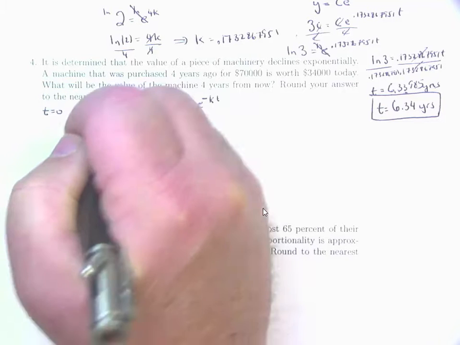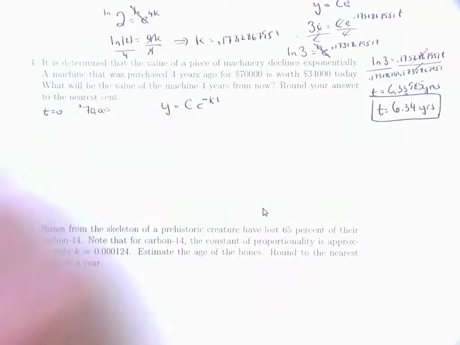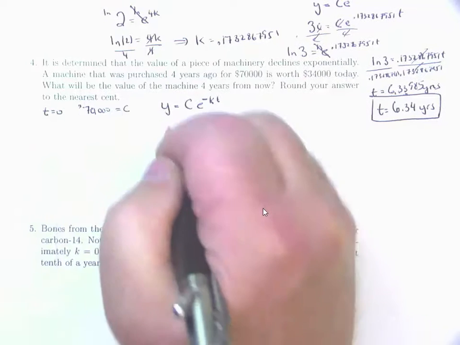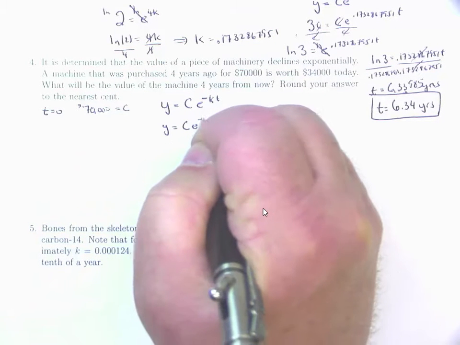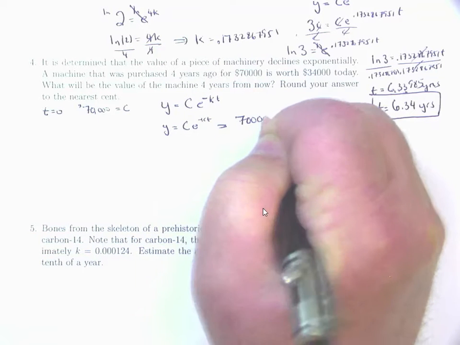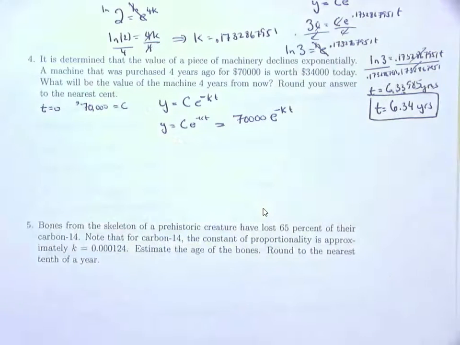What did this thing cost? $70,000. That's my initial amount, my C value. So I get y equals C e to the negative kt, which turns into 70,000 e to the negative kt. So this is my formula, plugging in for C.